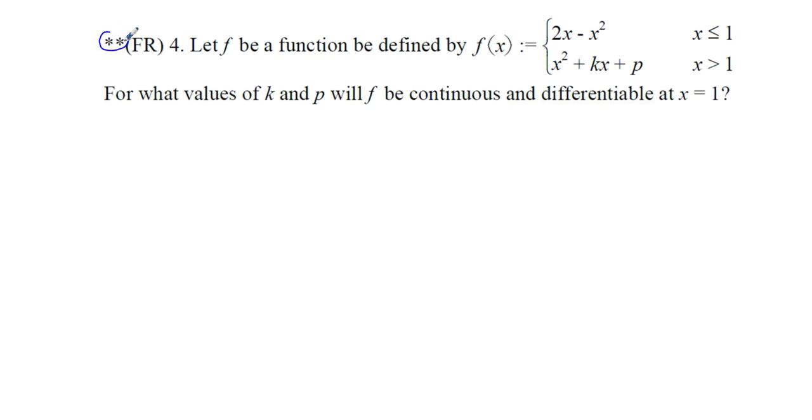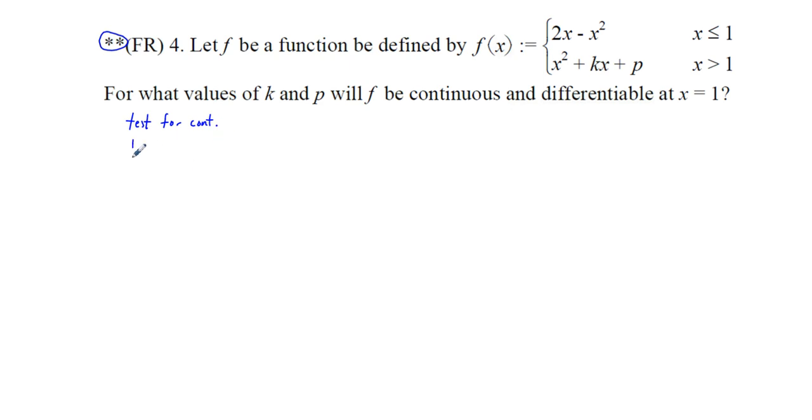Again, this is an actual free response AP Calculus test problem. For what values of k and p will f be continuous and differentiable at x equals 1? So again, we're going to set up our test for continuity.